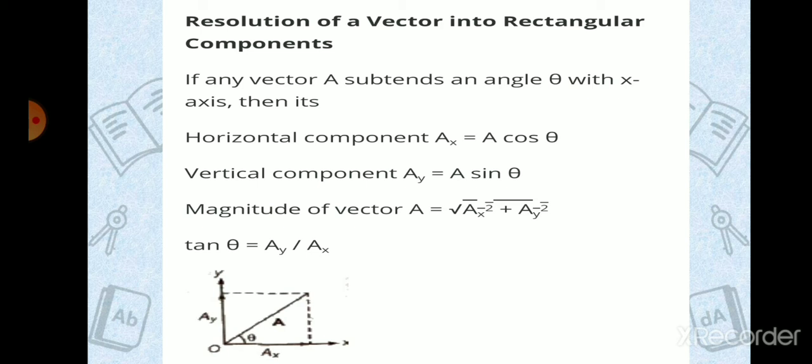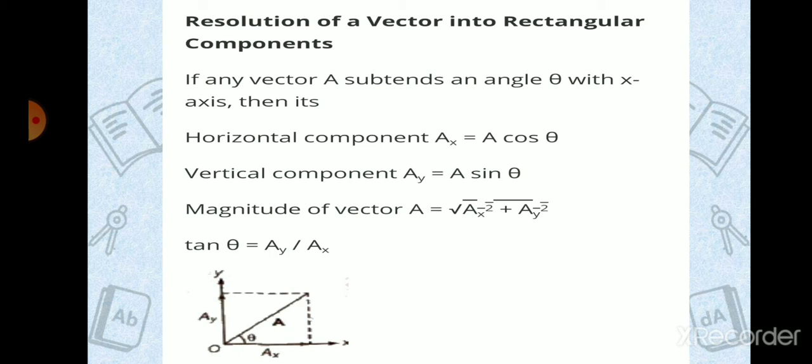If any vector A subtends an angle theta with the x-axis, then the horizontal component, that is the component of vector A along the x-axis, is represented as A cos theta. From the figure, it is clear that cos theta is equivalent to adjacent side AX divided by hypotenuse A, or AX is equivalent to A cos theta.